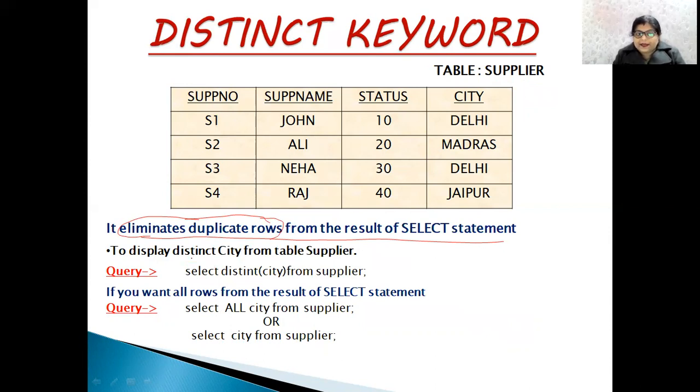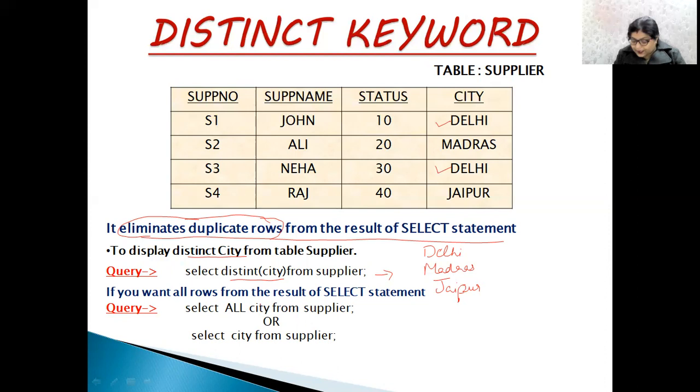To display distinct city, they are saying distinct city. Now see here in the city column, Delhi comes twice, so they want a distinct city. How can you write the command? Select distinct city from supplier. What output does it give? It gives the output Delhi, Madras, and Jaipur.